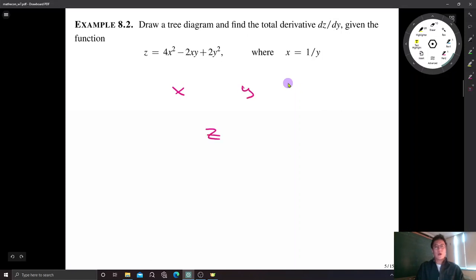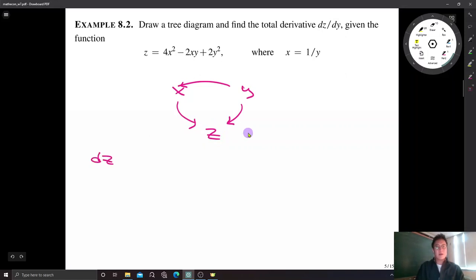But a change in y affects x, and the change in x will influence variable z, and y also has a direct effect on variable z. So how do we disentangle this? How do you find dz over dy?